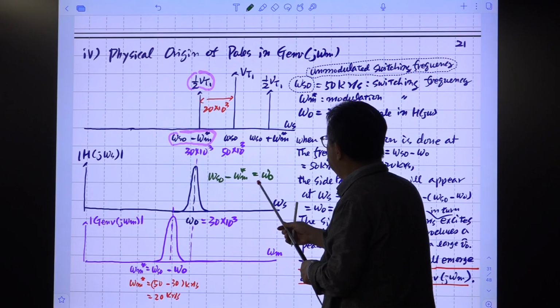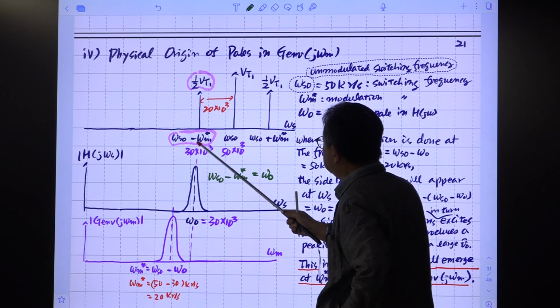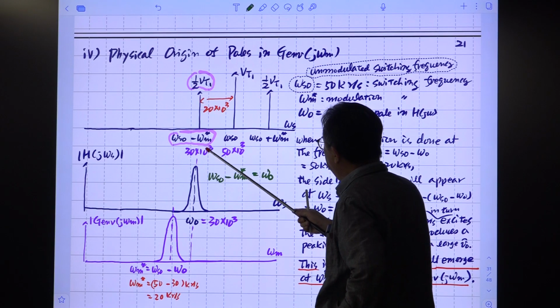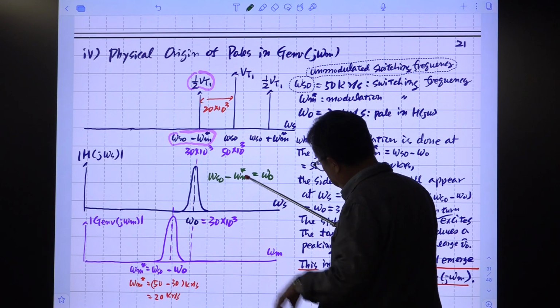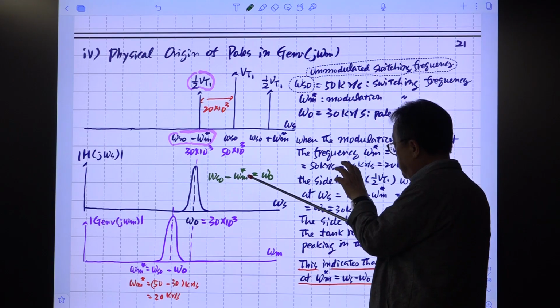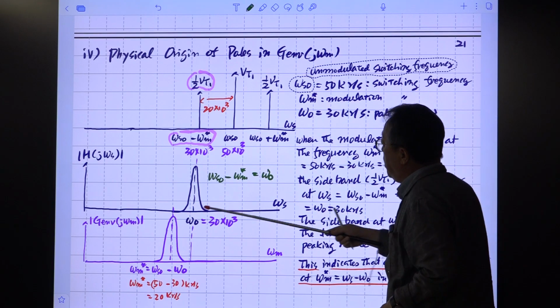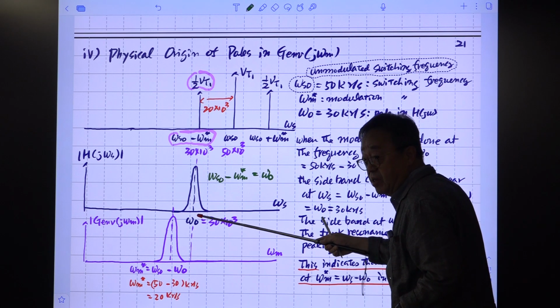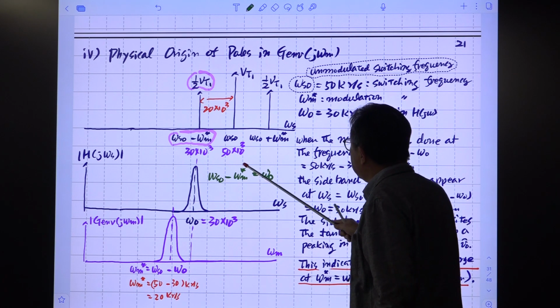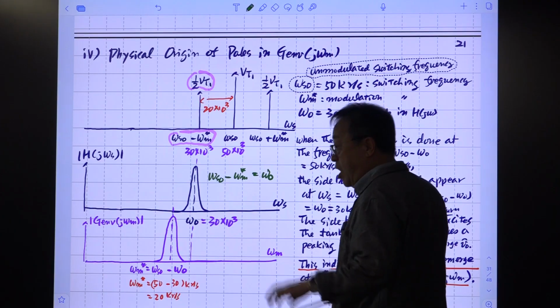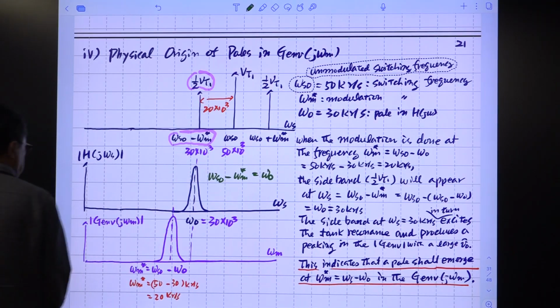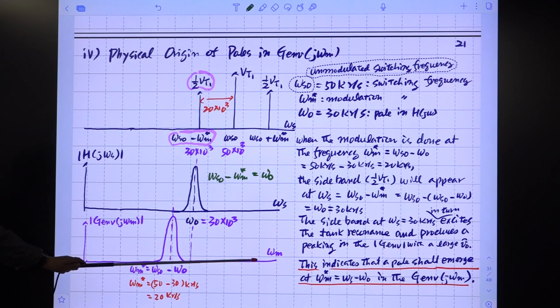Then we have this relationship: omega SO minus omega M star, the spacing, this modulation frequency we are talking about, is omega naught. Then we have this peak. That means at this frequency, omega m hat, we have a pole in this frequency range, in the omega axis, right?